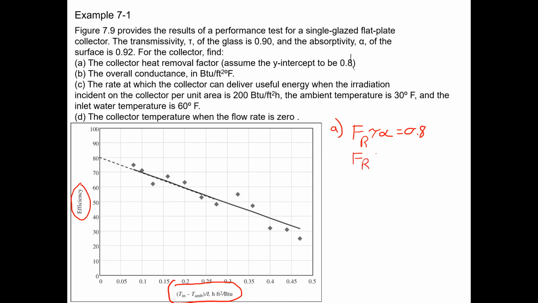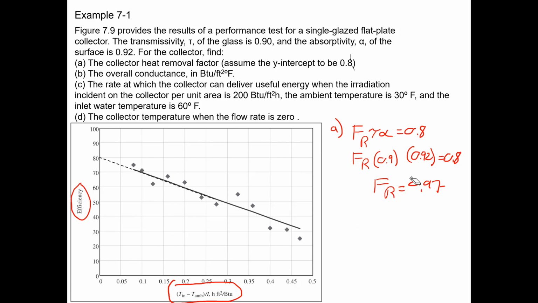Trying to find the heat removal factor, the transmissivity is given as 0.9, and the absorptivity is given as 0.92. We can solve directly for the heat removal factor, which in this case becomes 0.97.